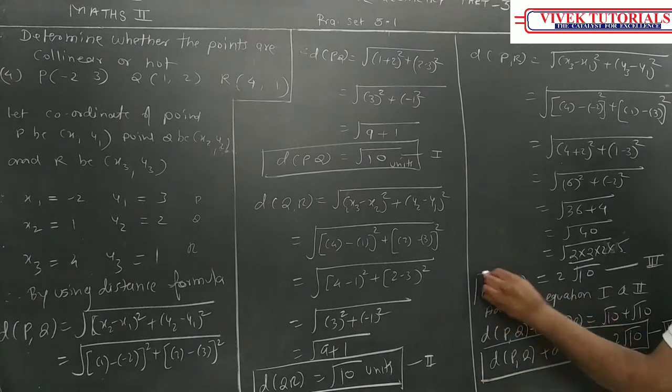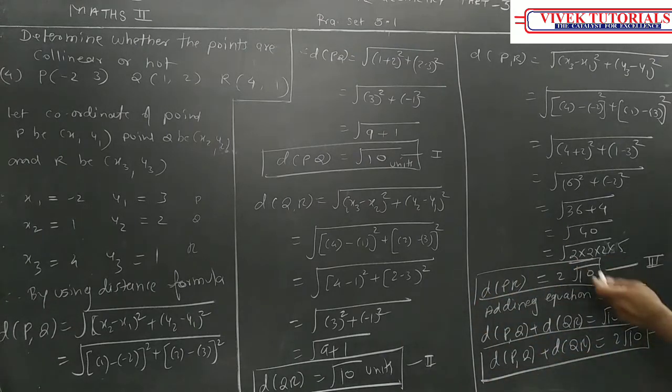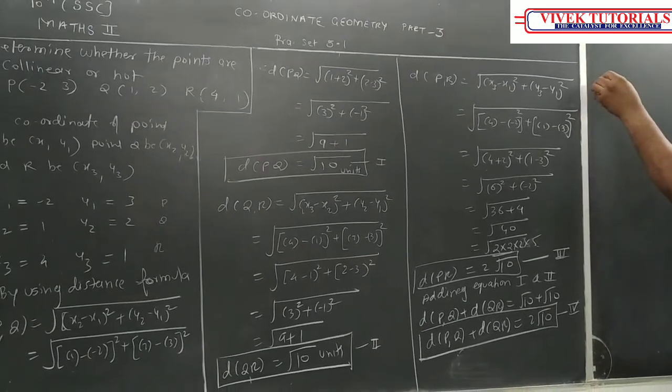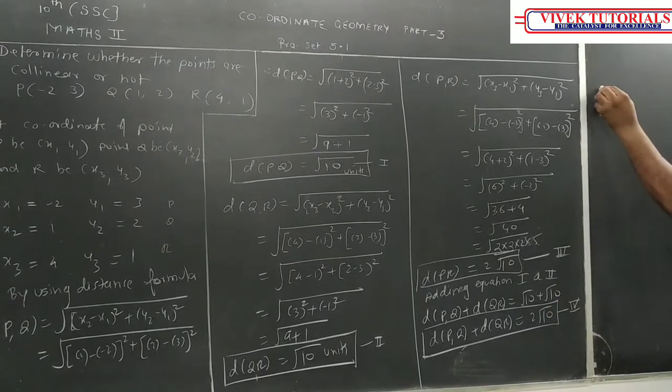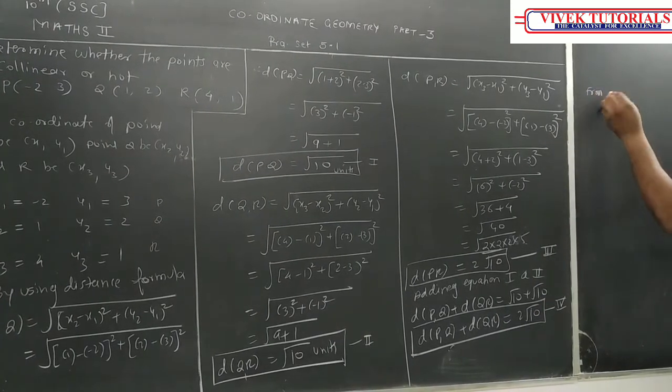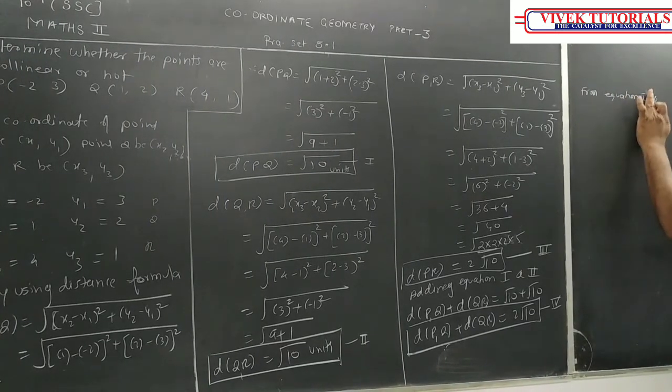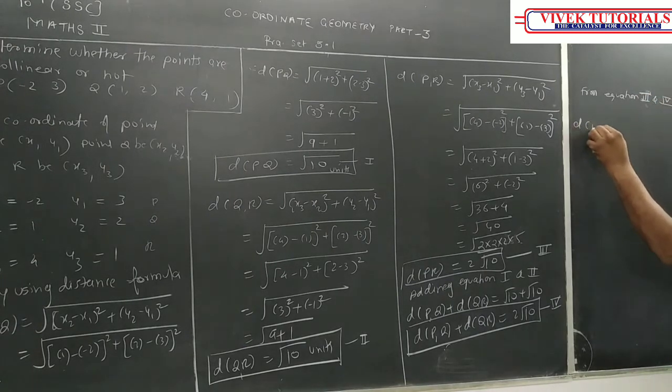And now what can I do? See this, these are equal, right? So from equations 3 and 4, what I can write is distance PR is equal to distance PQ plus distance QR.